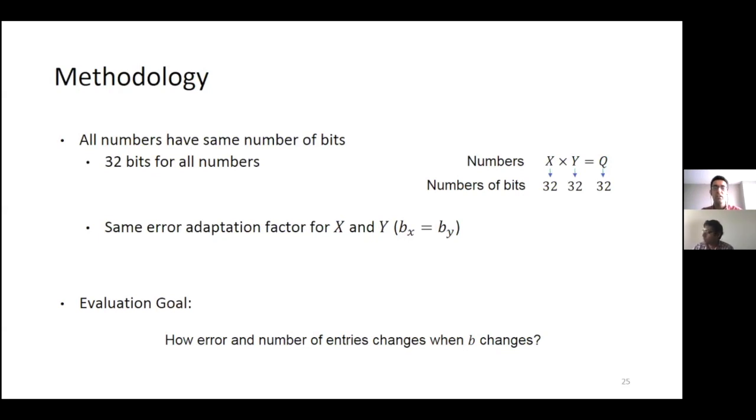Also, we assume that bx and by, which are the adaptation factors for x and y, are the same in all of the graphs that I'm going to show you. And I will change the value of b from 0 to 32 to see how the error and the number of entries change.